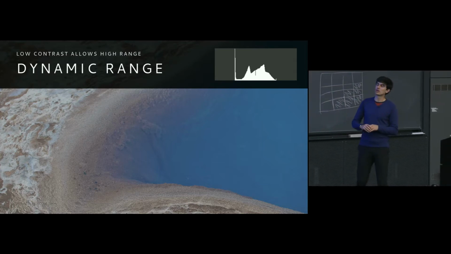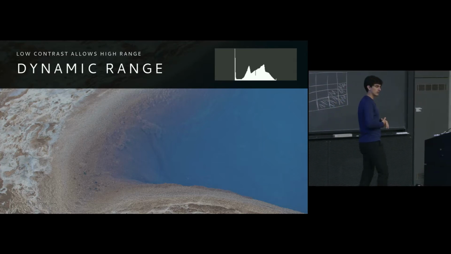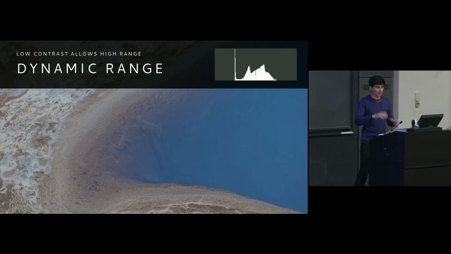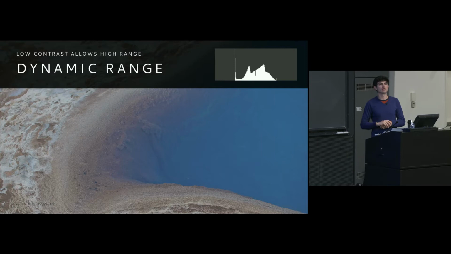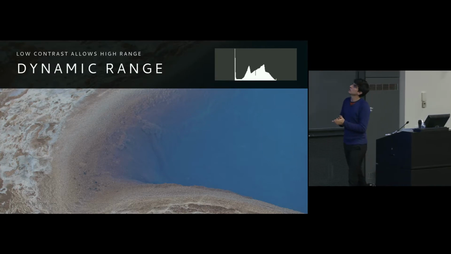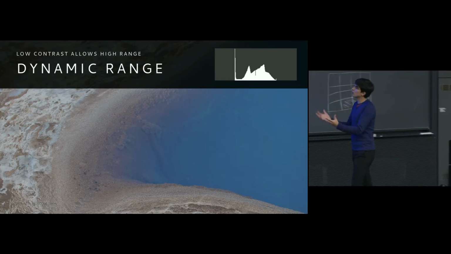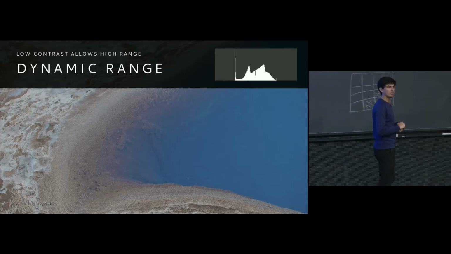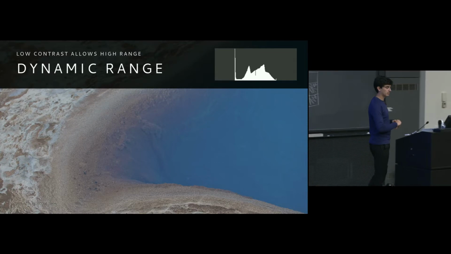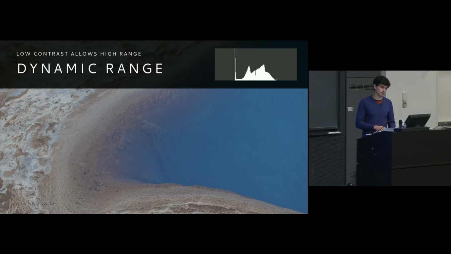And we can see that there are basically no values of color below about 25% and above about 75%. So essentially we see some tones that are only contained within approximately the middle 50% of the tonal range of this image, or of this camera more specifically.